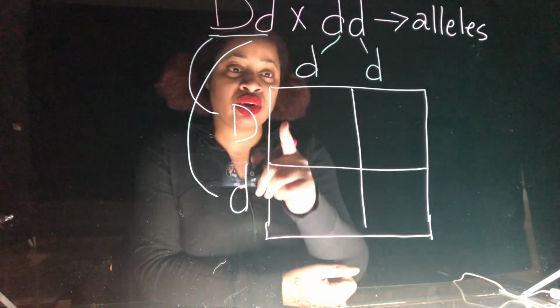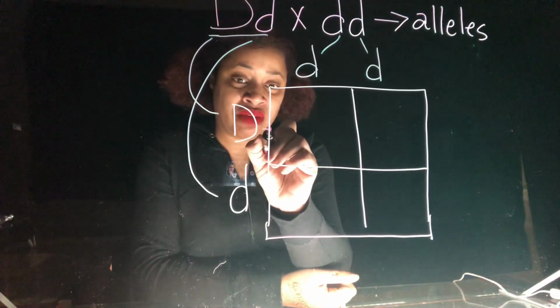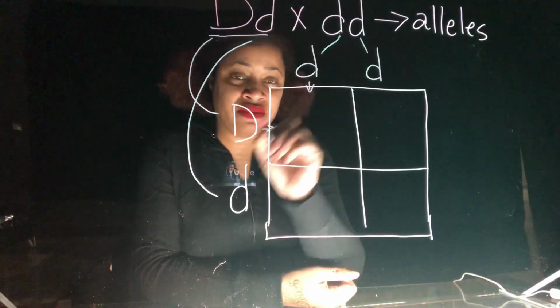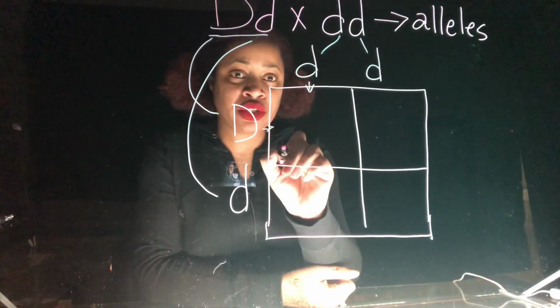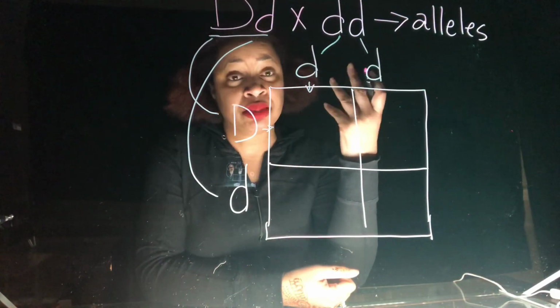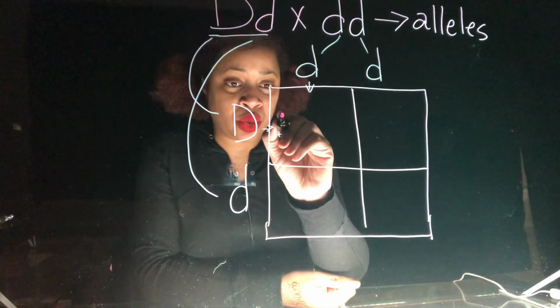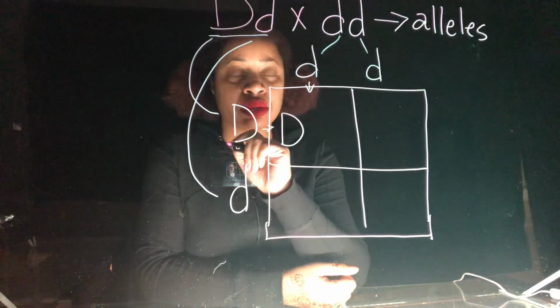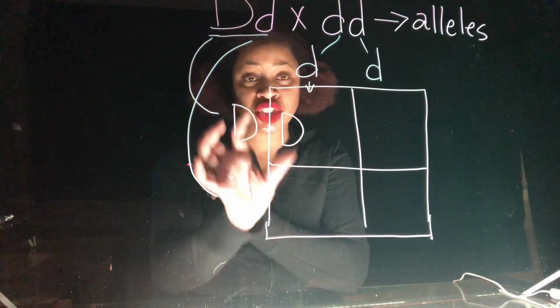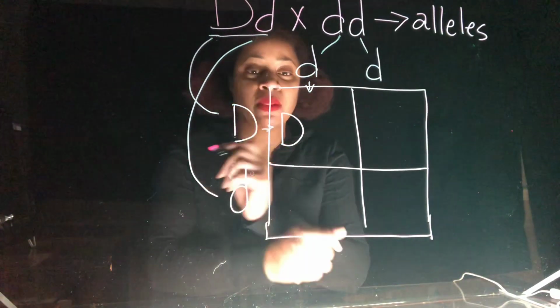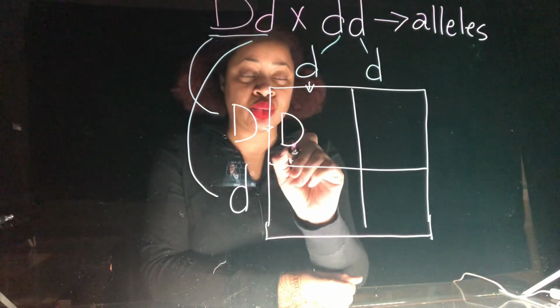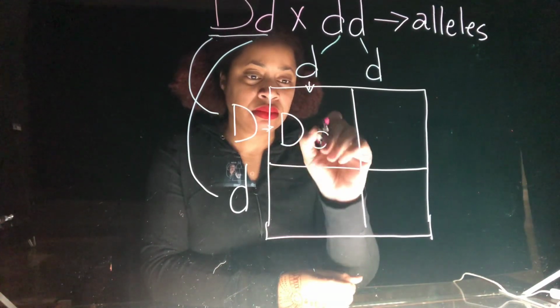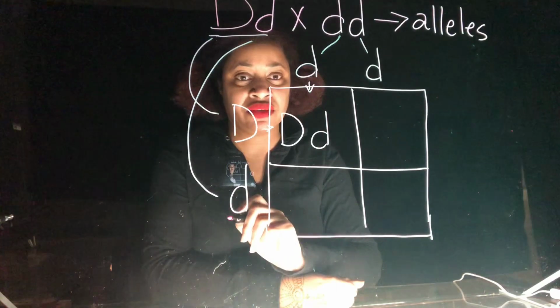And then we're going to start filling in our boxes with what we have on the side and what's at the very top. So in this first box, which represents the probability of the offspring, we're going to write the dominant allele first. And I'm saying allele, but that just represents the letter, right? So the dominant allele is written first, and then we put the recessive allele.